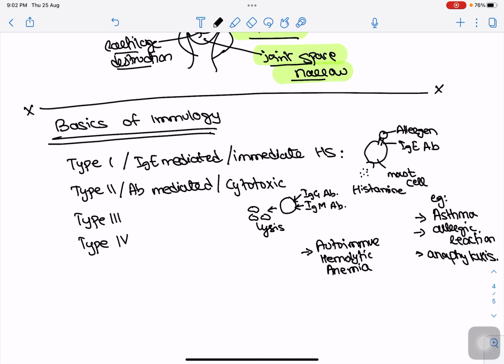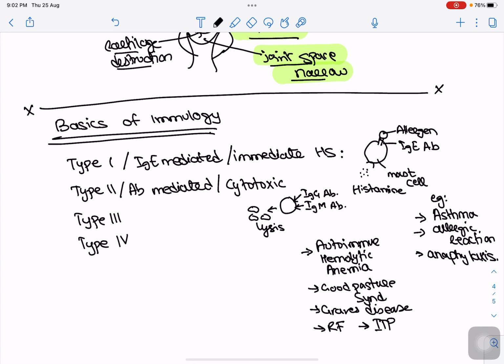Along with that, there is anti-glomerular basement membrane disease, or Goodpasture syndrome, which is also a type 2 hypersensitivity reaction. And then there's also Graves disease. These are all autoimmune disorders caused by antibody formation in the blood, which binds to the cell and leads to lysis or breakup of the cells. Then there is rheumatic fever, and along with that idiopathic thrombocytopenic purpura, ITP.